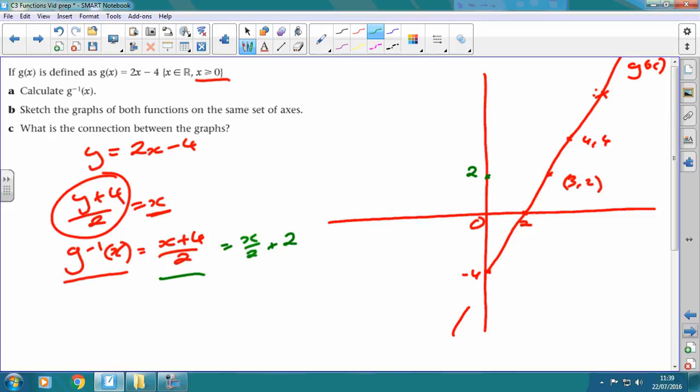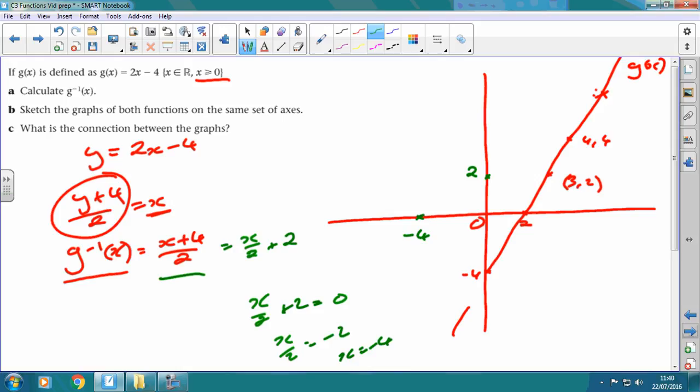Because we don't know what the domain of this one is, what we could do is have a look at what makes y 0. So x over 2 plus 2 equals 0. x over 2 equals minus 2, times by 2, x equals minus 4. So minus 4 lies on there as well.